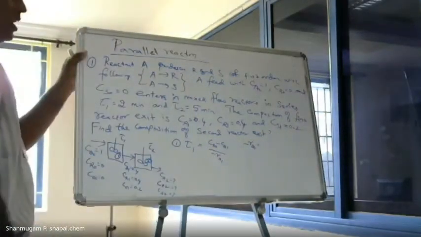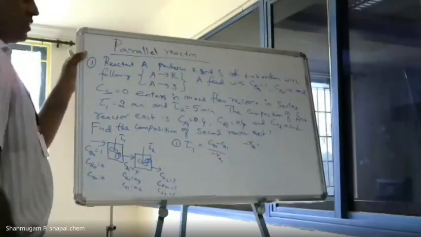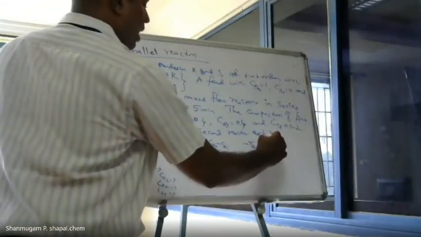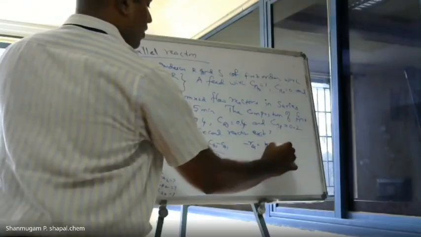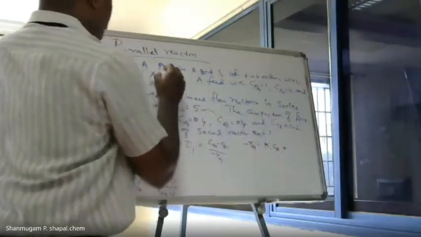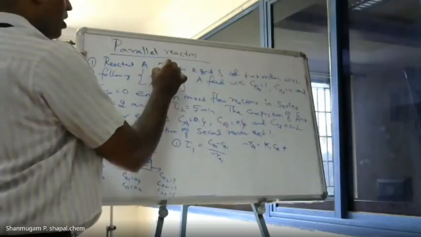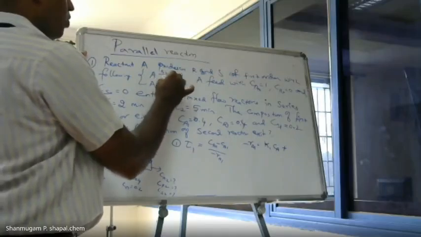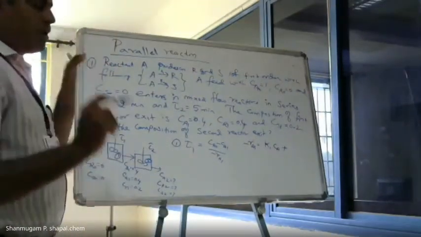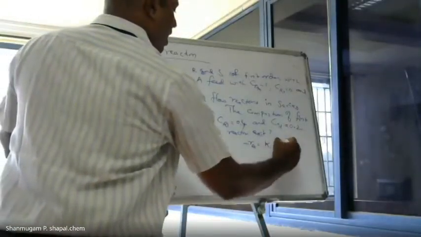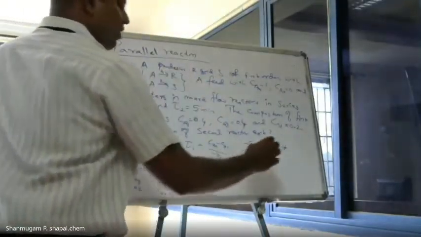So what is RA here? This is the two reactions, so K1 CA plus K2 CA, because you have K1 and K2, two parallel reactions, and you know that both are first order.